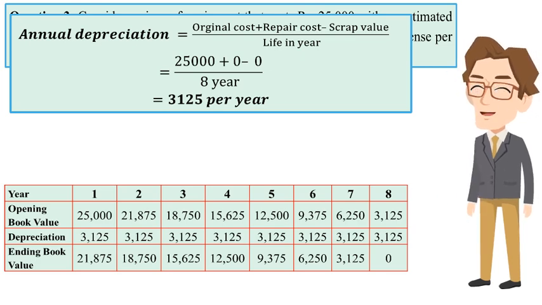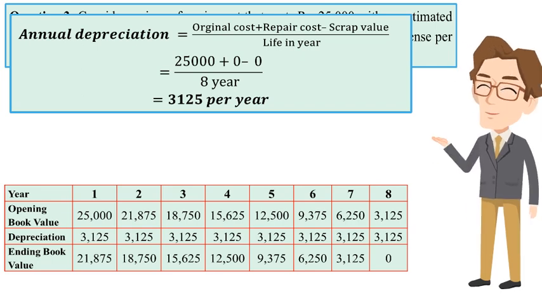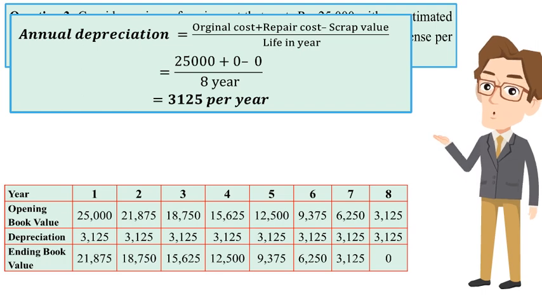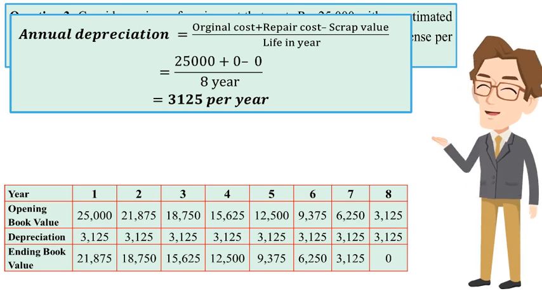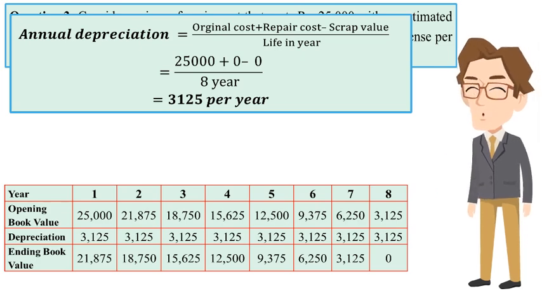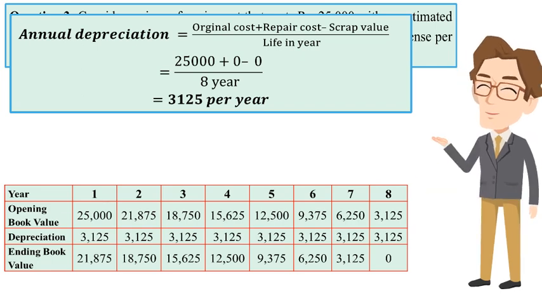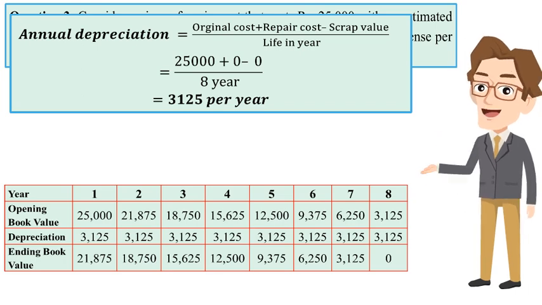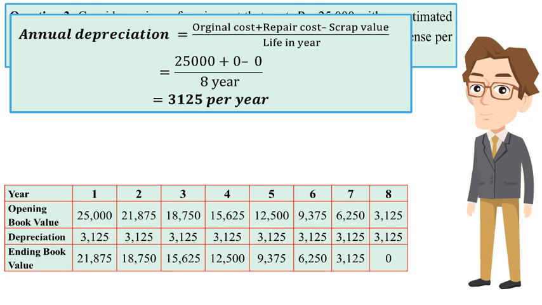So, if we start with an opening book value of 25,000 rupees in the first year, after accounting for the annual depreciation, the ending book value will be 21,875 rupees. This process continues for each year of the equipment's useful life until the ending book value reaches 0 rupees in the 8th year.